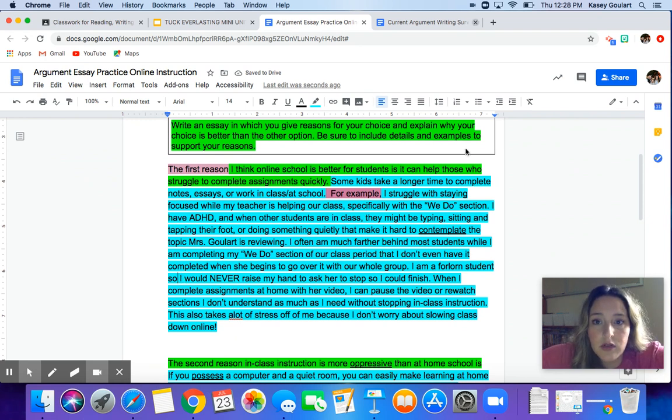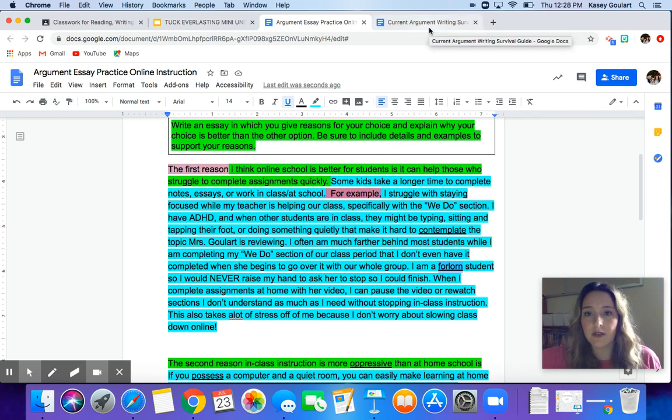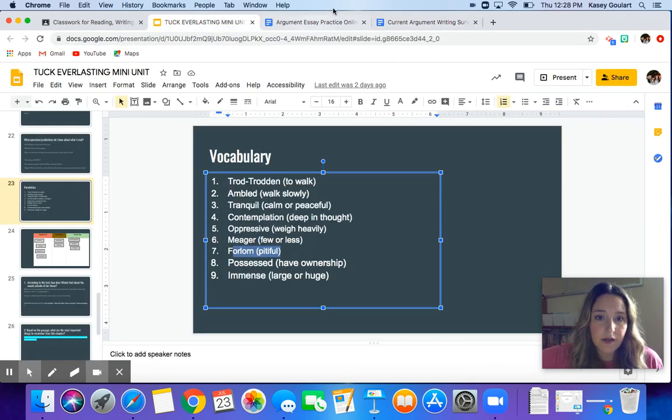Good. I am a forlorn student. That would definitely work. So I'm underlining it. Always double check, y'all, if you feel the need to, especially now that we're practicing. Of course, on the day that you do it for the ACT Aspire, you can't check it, but before then, we're going to do everything we can to know what we need to know. And then my last one's meager, right?